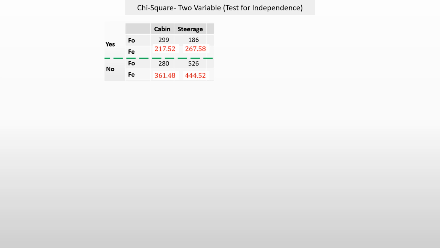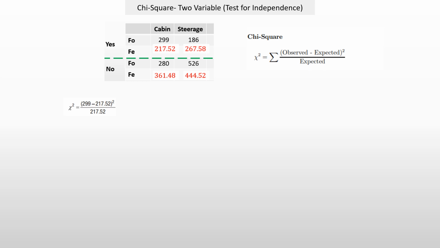After you have the table filled in with the observed values and the expected values, you're ready to use the formula that takes in observed and expected values to get the chi-squared value. For the first set of observed and expected values, the 299 and the 217.52, we use the formula: 299 minus 217.52, square that, divide by 217.52.